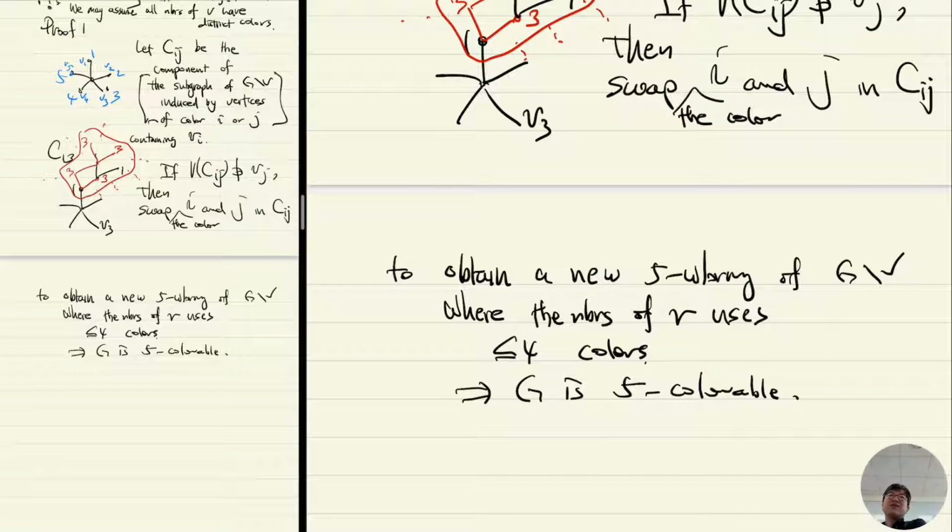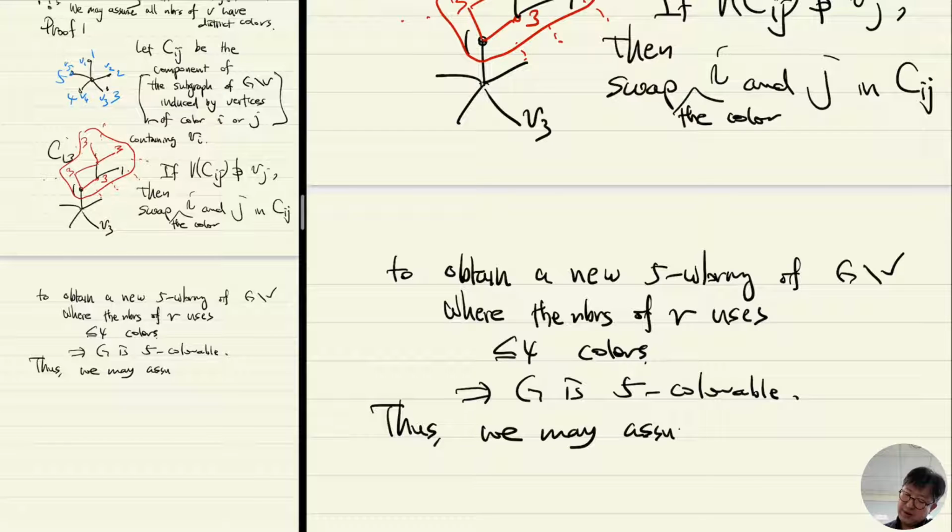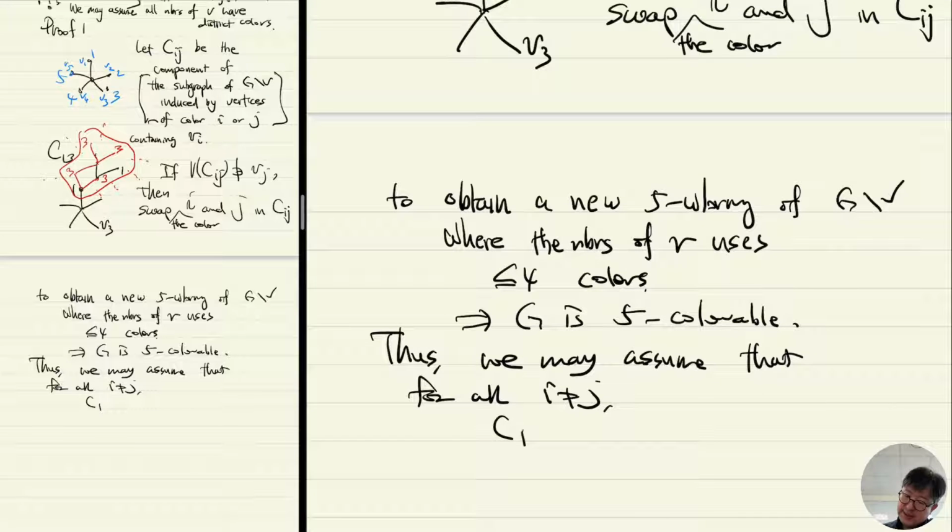Okay, so therefore we can assume that for all these Ij, Cij contains both Vi and Vj.